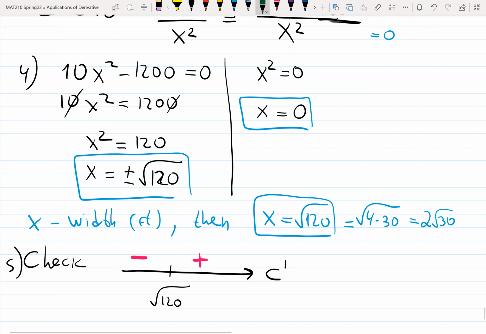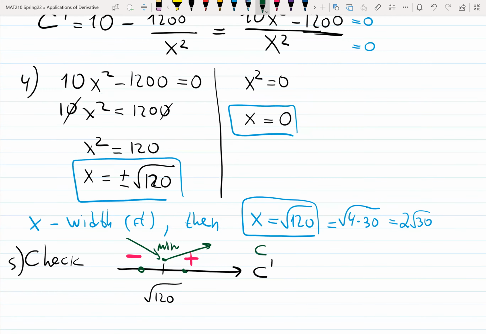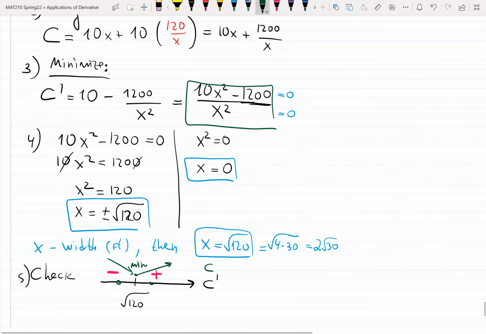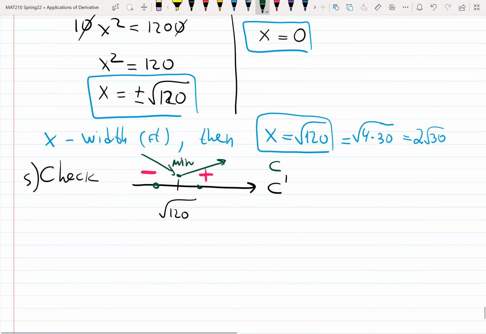Because you want the original cost function to go down and then to go up to have a minimum. That's true if you plug your test points into the first derivative, which is over here. If you plug 1, you will have negative, and if you plug 100, you will have positive. So it's exactly the minimum we need.